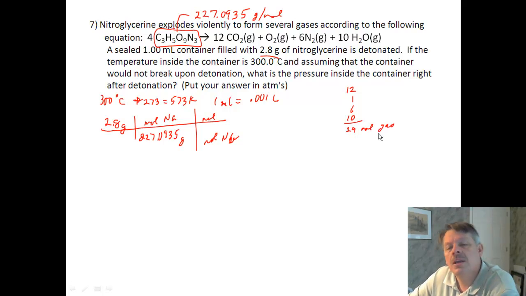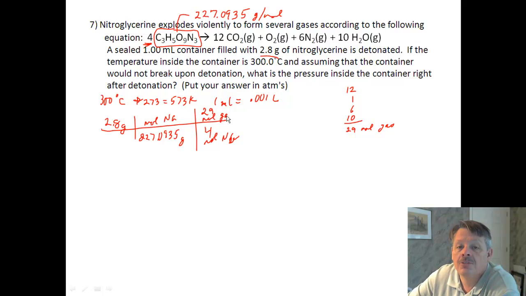Do I care what the gas is? Not really, because all I'm looking at is how much pressure does this create. So I'm going from 4 moles of nitroglycerin to a total of 29 moles of gas. And again, I don't care what the gas is, so it makes no difference to me at all.